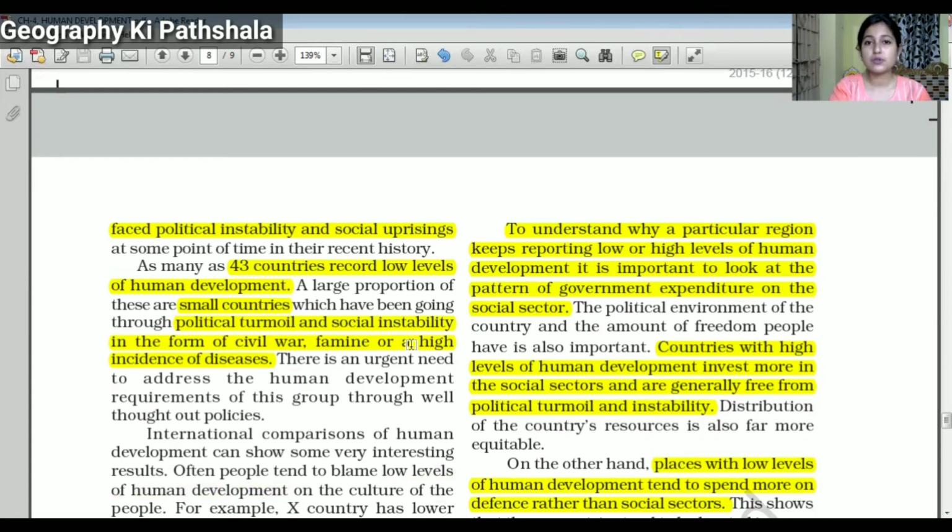So these are some triggering factors which play an important role for that particular country to fall into the low level of HDI value.